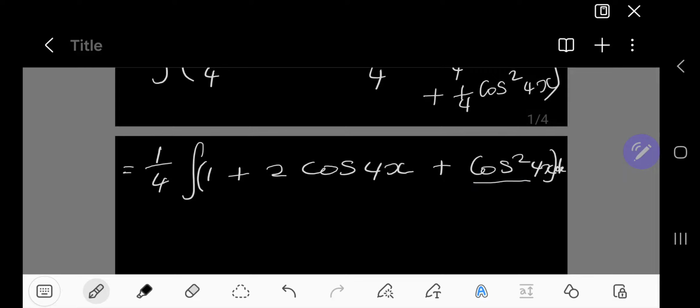What is happening here again is that we have a square again, which means we must apply what we've applied, because we want to get rid of that.